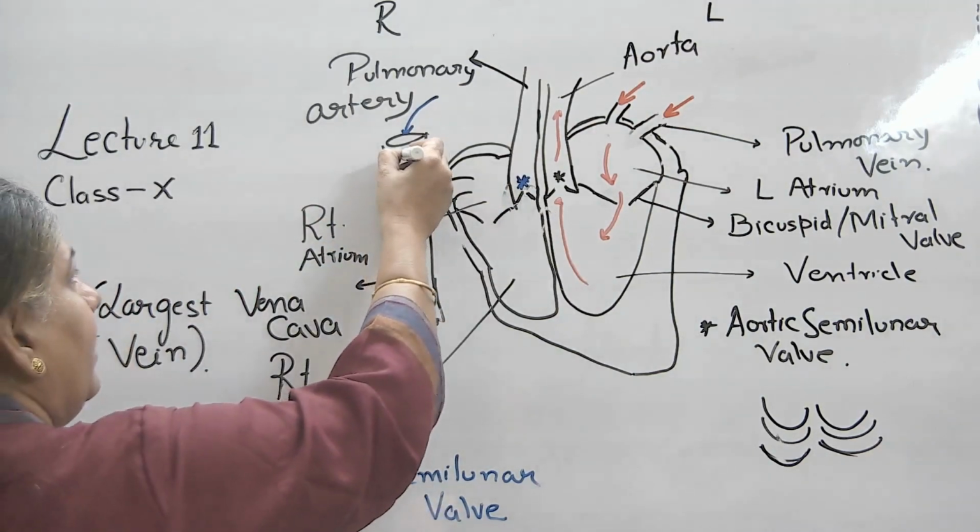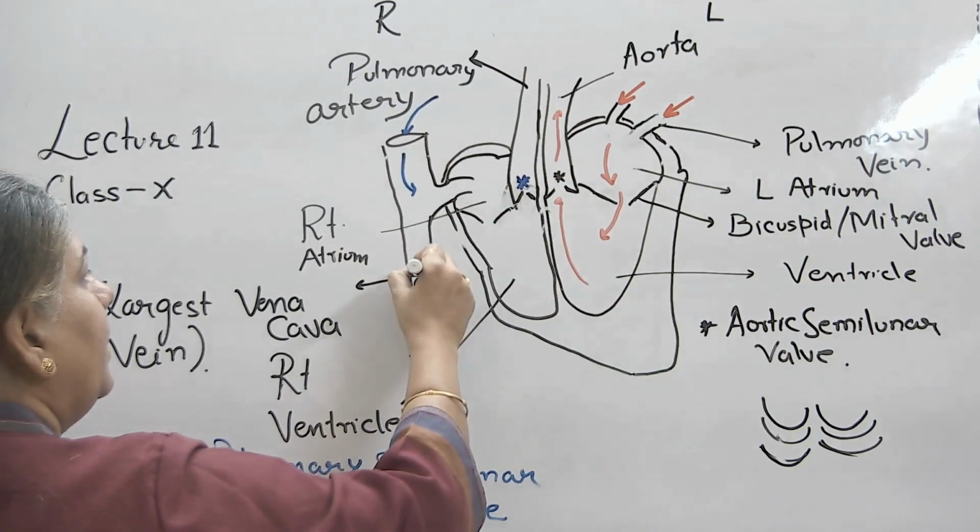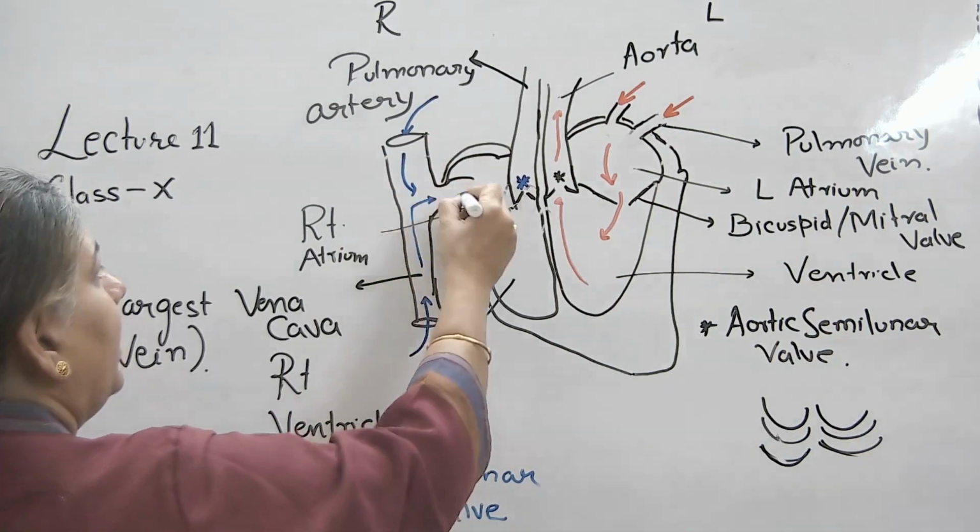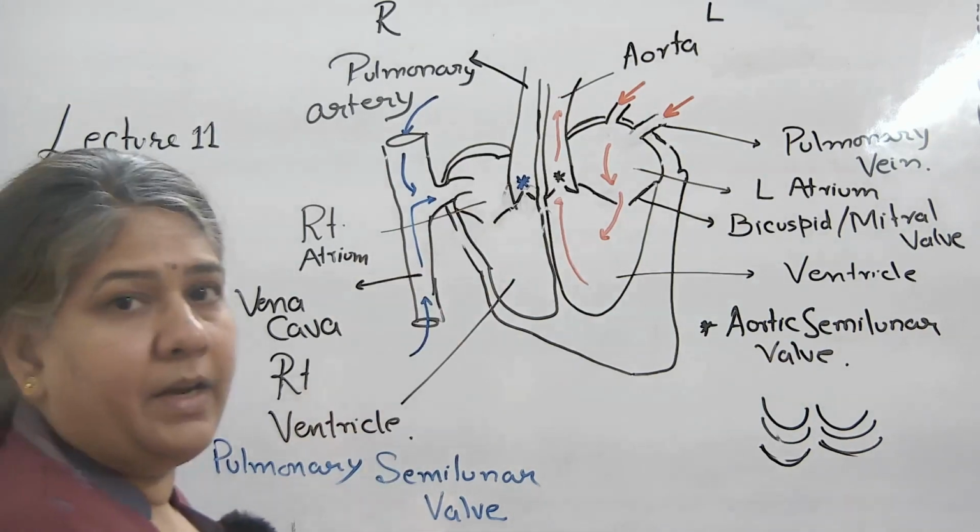So it is bringing deoxygenated blood from the whole part of the body and entering the right atrium.